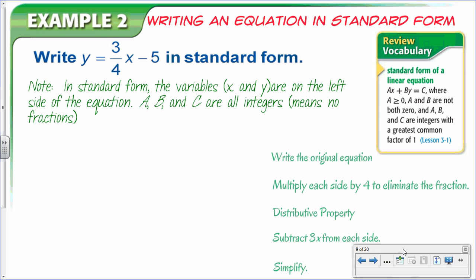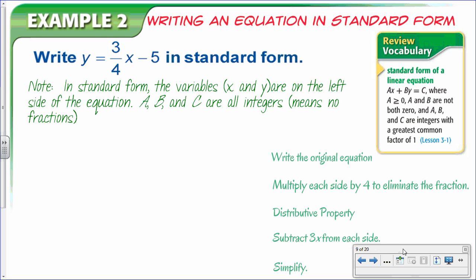So now to get it in standard form, I got to move some things, don't I? Now, there's a couple different directions you can go here. I can move first and then get rid of the fraction, or I can get rid of the fraction and then do what? Then move it. All right? I'll show you both ways and you decide.